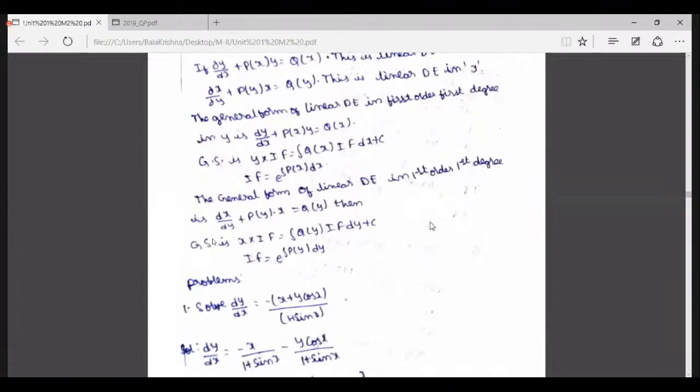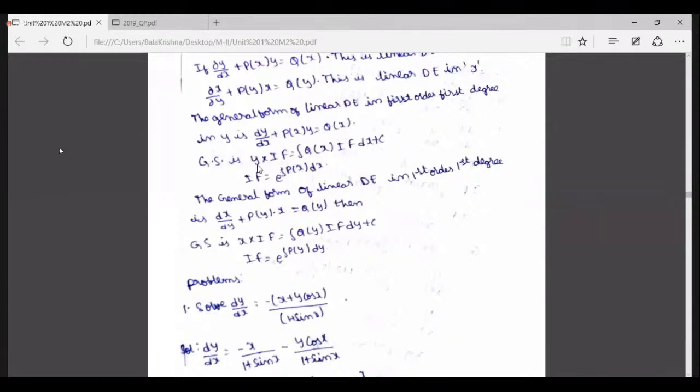Okay, so same as the previous thing, but we are supposed to find the integrating factor over here, which is nothing but e power integral of p of x dx. Suppose the given equation is a linear differential equation in y, that is dy by dx plus p of x into y is equal to q of x.